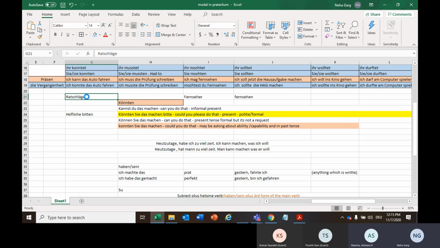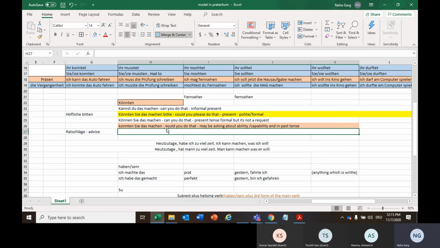Okay. Now, one more thing about this particular list. There is one additional category, Ratschläge. Ratschläge basically is advice, when you are advising somebody for something. So for example, das Kleid ist sehr schön.